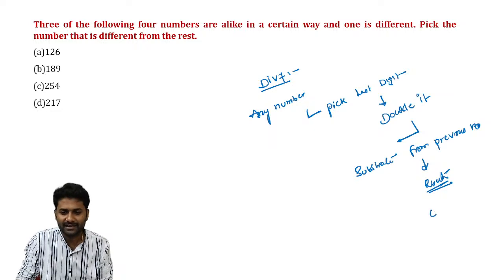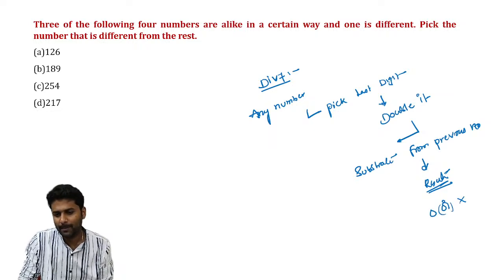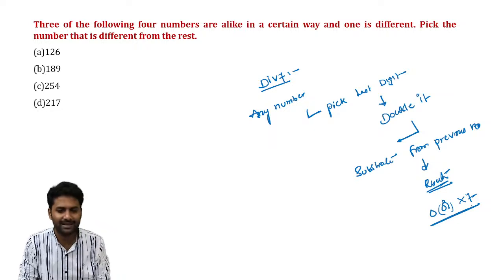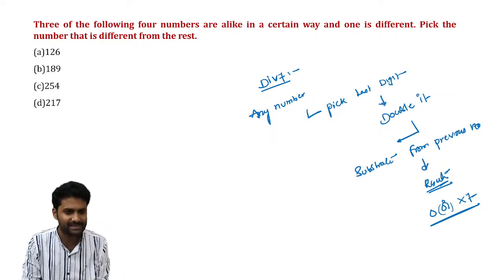If the resultant is 0 or a multiple of 7, then the entire number is divisible by 7.